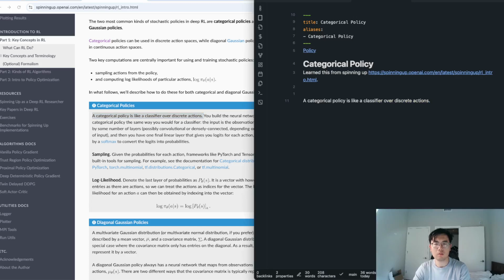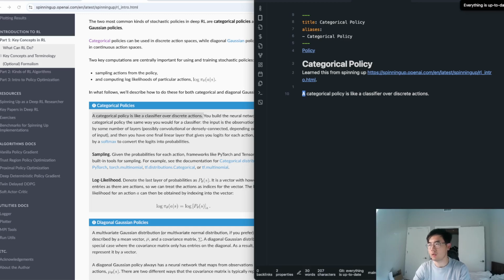I see. Yeah, okay, that makes sense. It's like discrete tokens, and then you output the log. You learn the log likelihood.